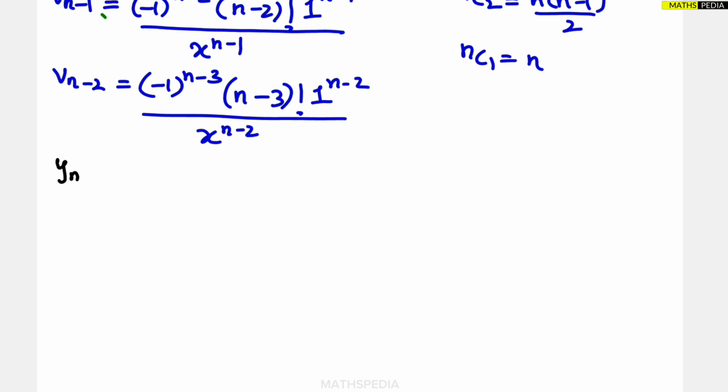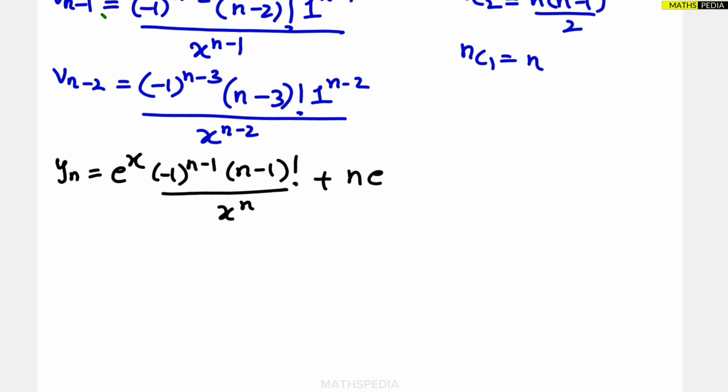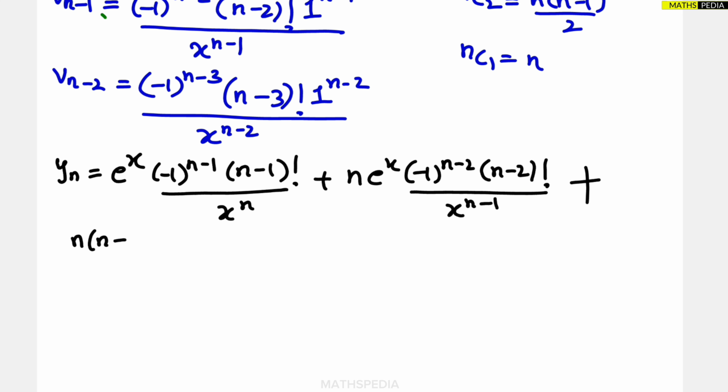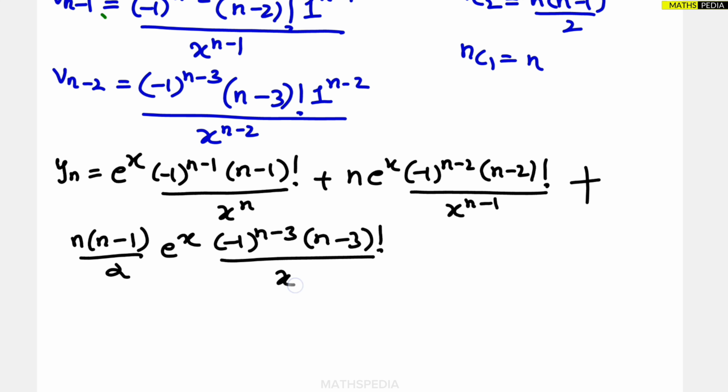So yn becomes e power x into minus 1 power n minus 1 into n minus 1 factorial divided by x power n, plus n into e power x into minus 1 power n minus 2 into n minus 2 factorial divided by x power n minus 1, plus n into n minus 1 by 2 into e power x into minus 1 power n minus 3 into n minus 3 factorial divided by x power n minus 2.